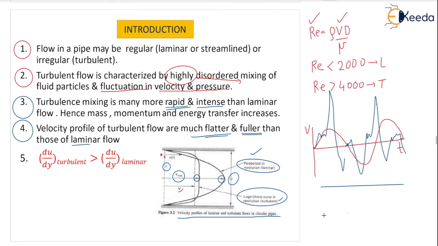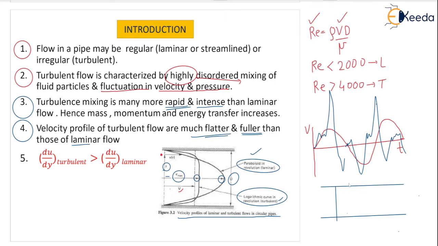When you say logarithmic, it will be flat at the center, and it is fuller. Fuller means if you look at the center part, completely from here to here the same gap is maintained. So that is called fuller.